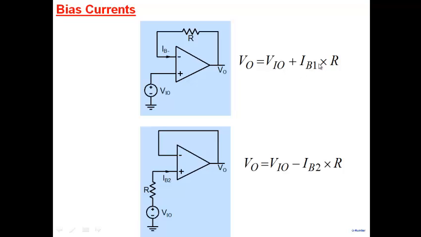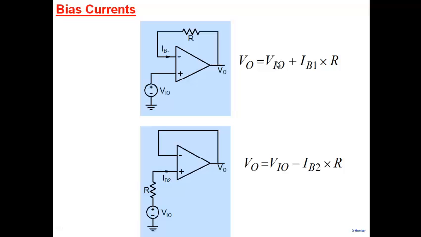So this term becomes large, and you want to minimize the effect of the other term. So if you use a large enough resistor here, this term becomes more important, and V0 will give you this IB1 value. And if you know the value of Vi0 already, you can do some correction as well.